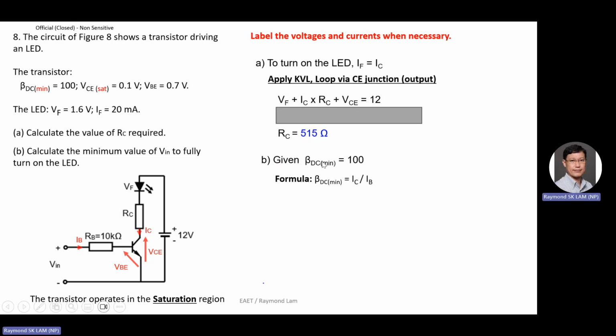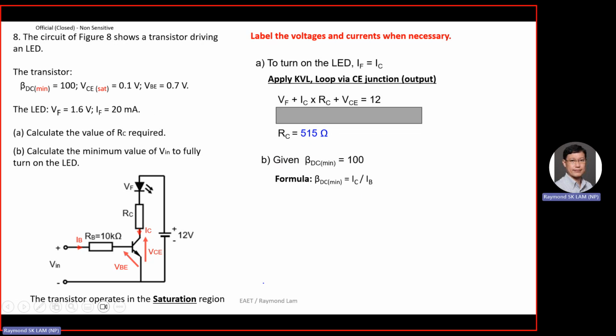Are you able to calculate something? Is IC given? IC is IF. I didn't explain this one just now. So to turn on the LED, IF equals IC. Why? Equal to this 20 milliamp, because I explained already. If you want to switch on the diode and emit the light, you need to have this current, 20 milliamp.